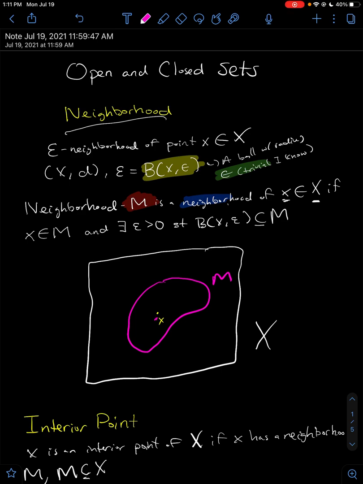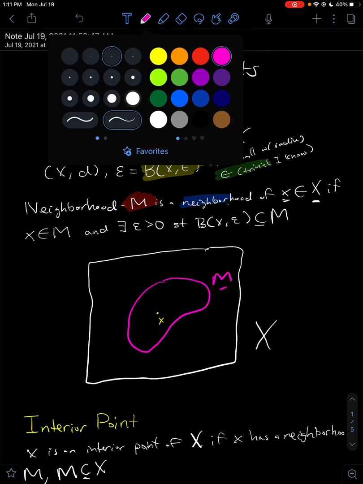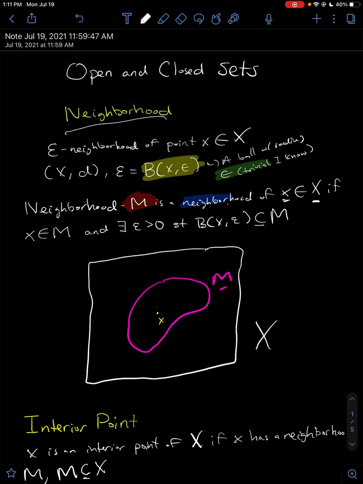So M is a neighborhood of this small x, because this small x is contained within this big X, correct? And x is also contained in M, and there exists some open ball around x that is contained in M. That's all it means.